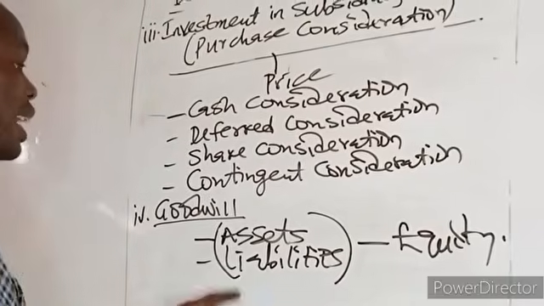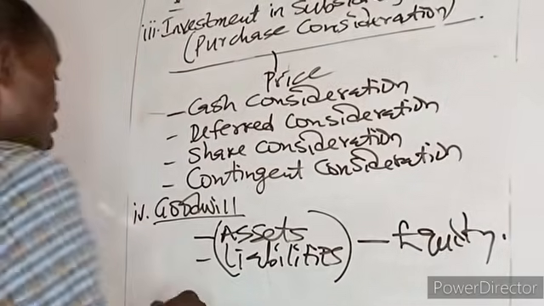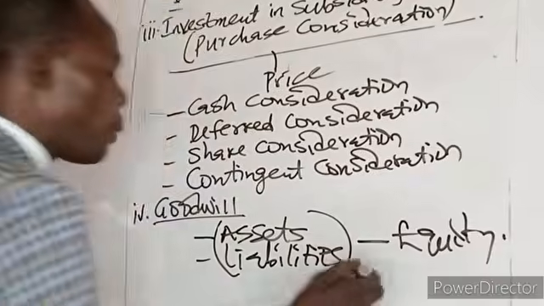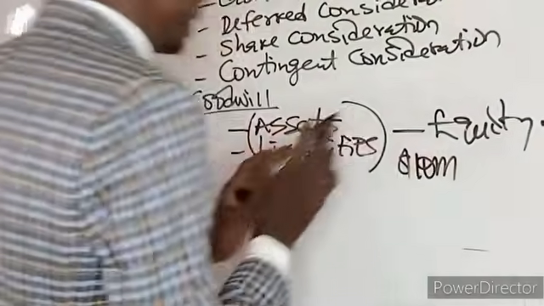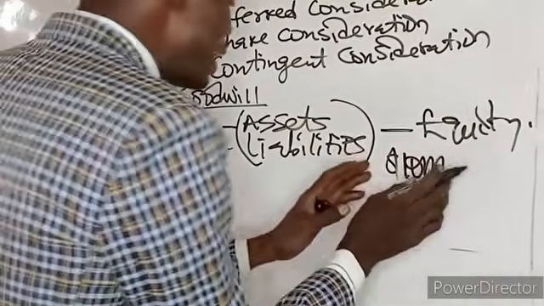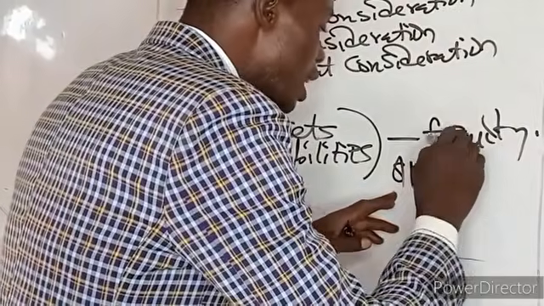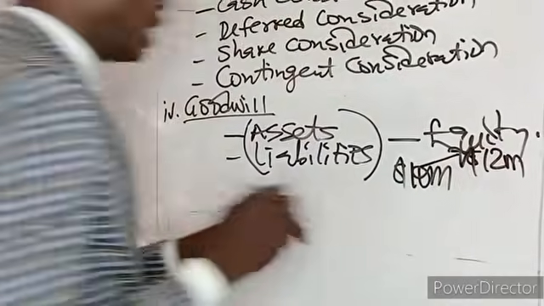It is possible that equity worth $10 million may be acquired, and the parent company might pay, let's say, $12 million for such equity.